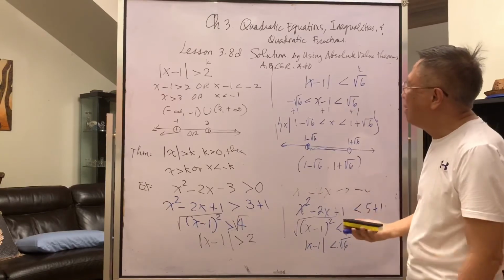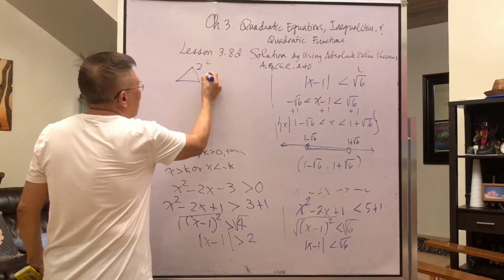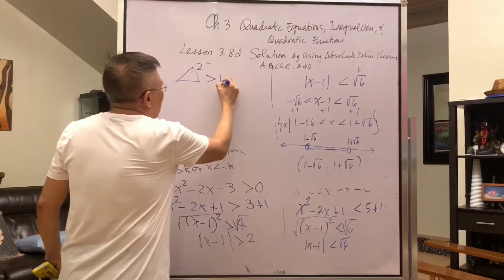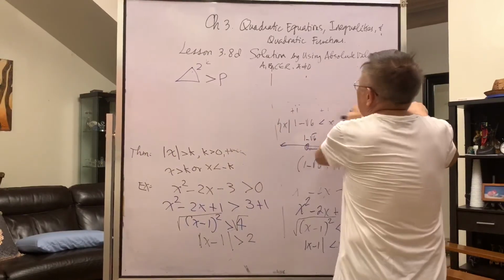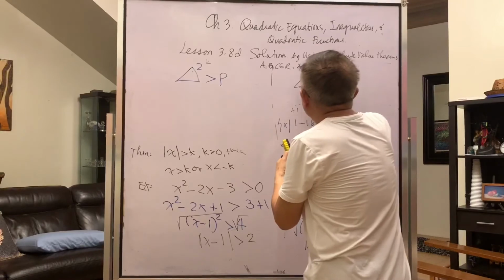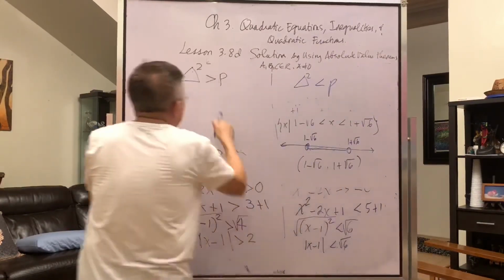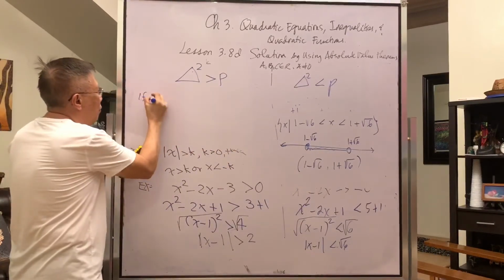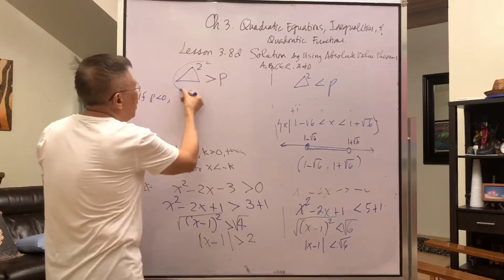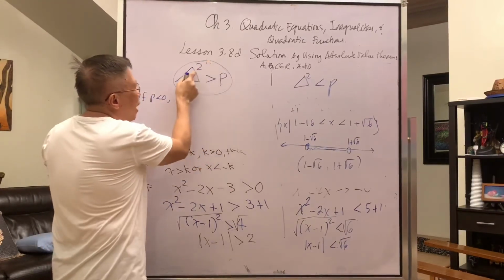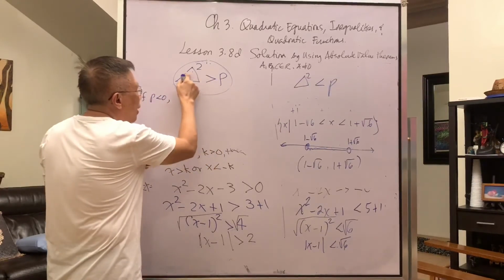So to recap, what did we say? We want to arrive at a statement where we either have triangle squared greater than p or triangle squared less than p. Now, if initially we said here, if p is negative, then this one will always be true. I mean, a square is always greater than a negative number for any value of the variable here.